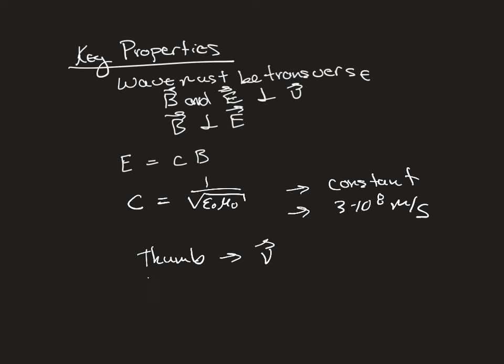You're going to put your fingers in the direction of E, and then you're going to grab the magnetic field. And you're going to have to curl in order to be able to grab the magnetic field. So thumb in the direction of propagation, point your fingers in the direction of E, and then curl your hand to grab, essentially, the end point of the vector that represents B.